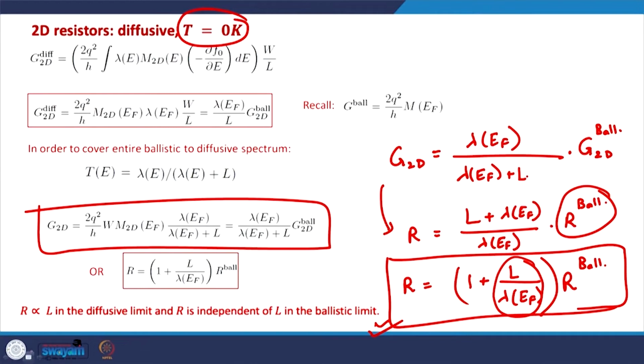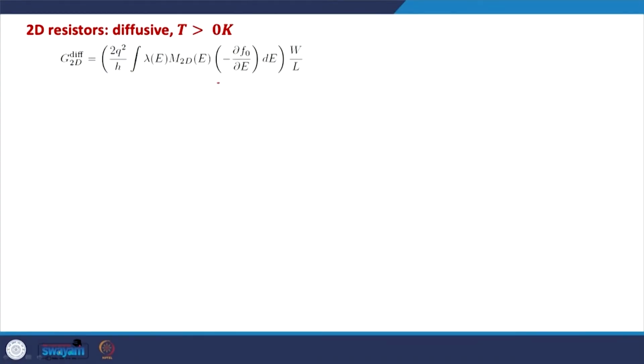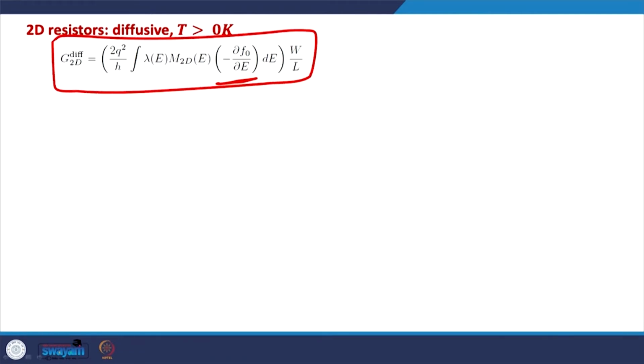Okay. So, this was a low temperature case, extremely low temperature case actually, and as we saw in the case of ballistic transport, things are a bit difficult when we have high temperature or normal temperature, because the maths is difficult. In this expression of conductance, this minus del f by del E function cannot be replaced by the delta function, and we need to explicitly do this calculation in order to calculate the conductance.